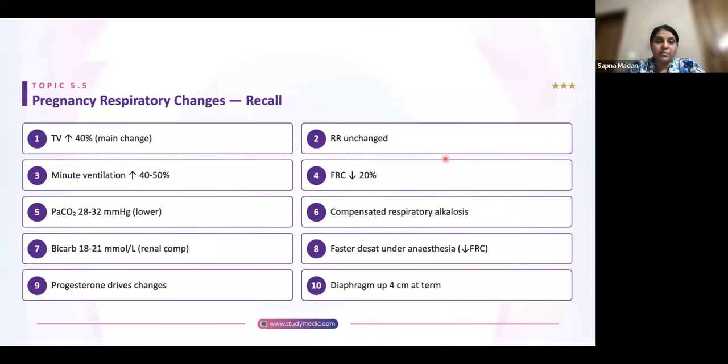Okay, so the bicarbs are around 18 to 21 millimoles per liter. And because of the reduced functional residual capacity, there is faster desaturation under anesthesia. It is progesterone which is driving all these changes, and the diaphragm is moving up by around 4 centimeters near term.